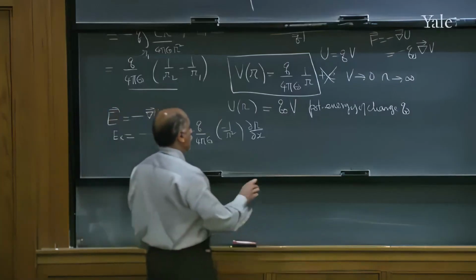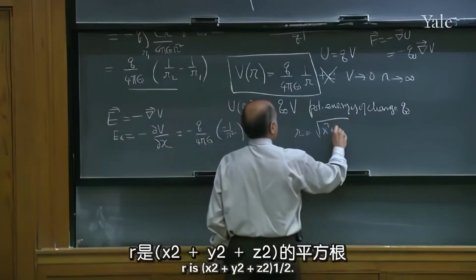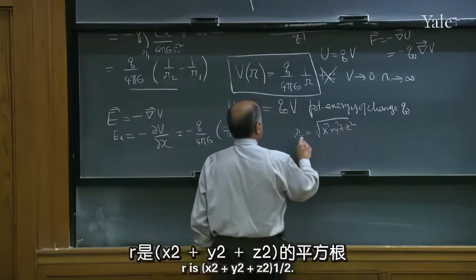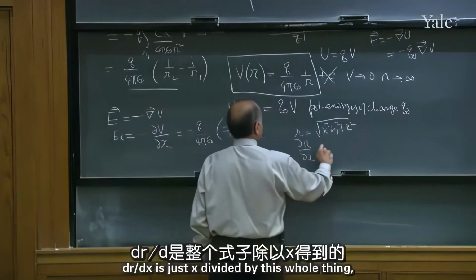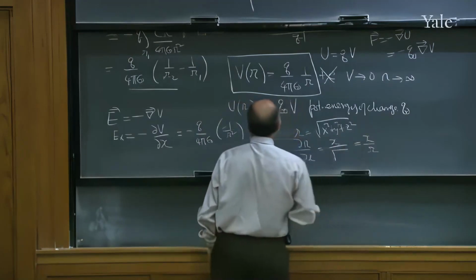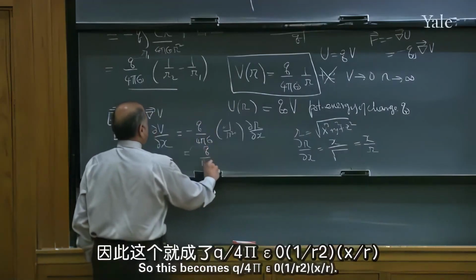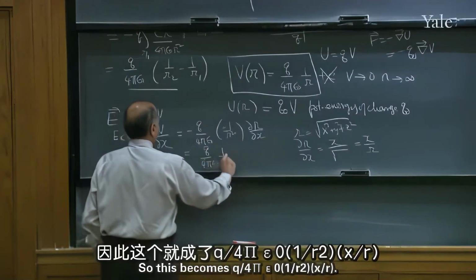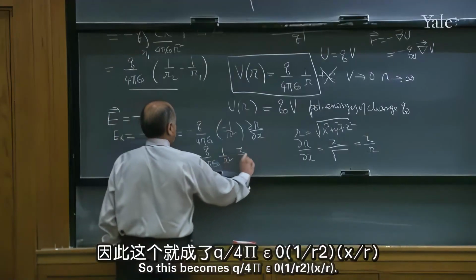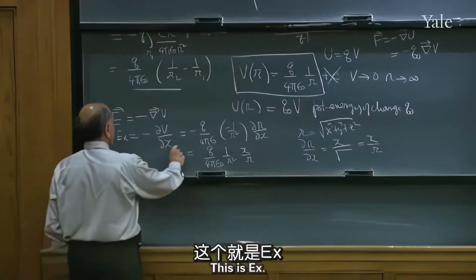What is dr/dx? r is the root of x squared plus y squared plus z squared. So dr/dx is just x divided by r. So this becomes Q over 4 pi epsilon 0, 1 over r squared, x divided by r. This is Ex.